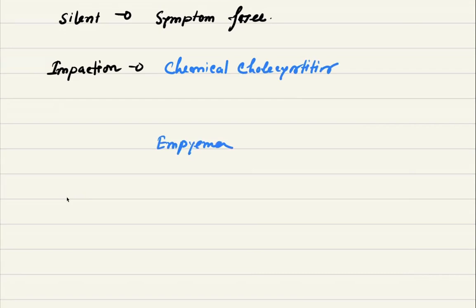How does chemical cholecystitis happen? So think, if there is impaction within the gallbladder with a stone, let's think like this.